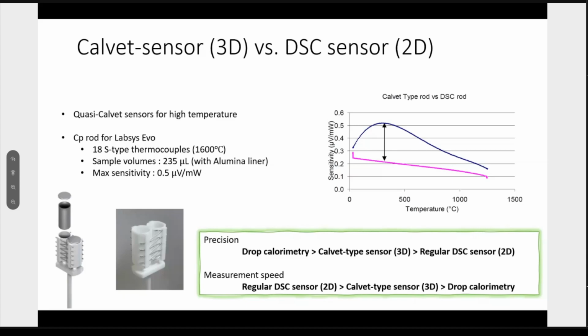The Cp measurement accuracy is about 2 to 4% error. So it's not perfect, but so far we decided to start from this point to validate the FactSage database.